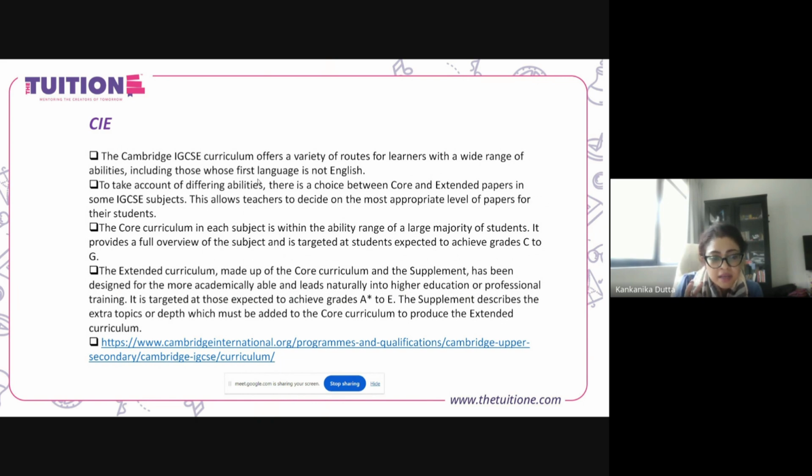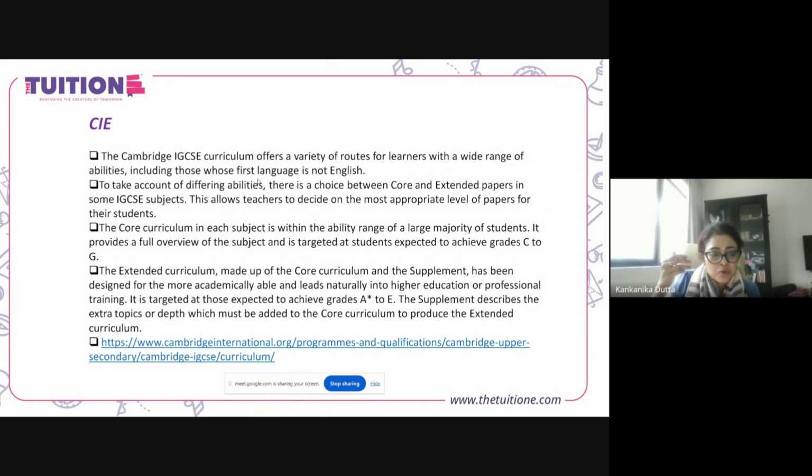Now, one thing I forgot to tell you, sorry: for Edexcel GCSE, there is a higher tier and lower tier paper. That is definitely there in science and maths. Commerce, I'm not very sure if they have a higher tier and lower tier paper. English is standardized. There is no lower tier paper.